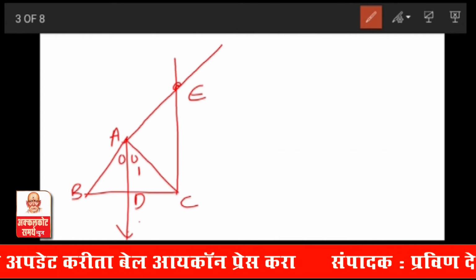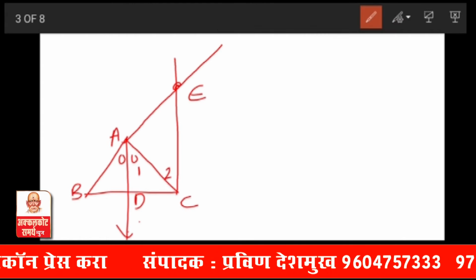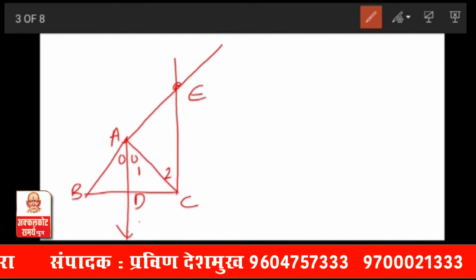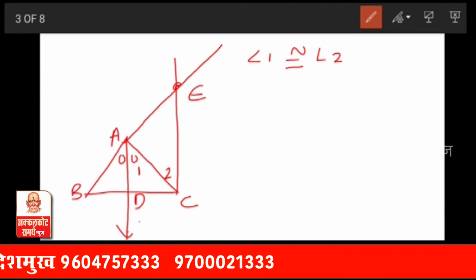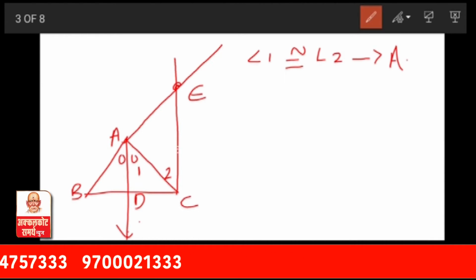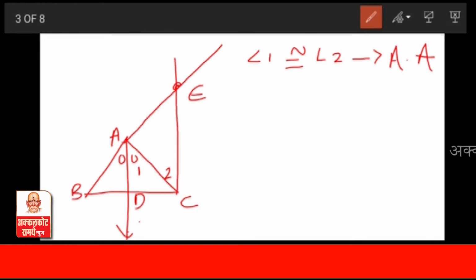Suppose this is 1, and then this angle I will take as 2. Then here we get angle 1 congruent to angle 2. Why? They are alternate angles, because AD is parallel to CE and AC is a transversal. So remember this much. This is your equation 1, suppose.